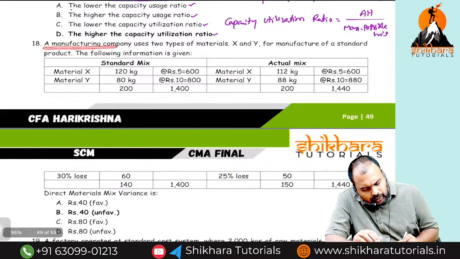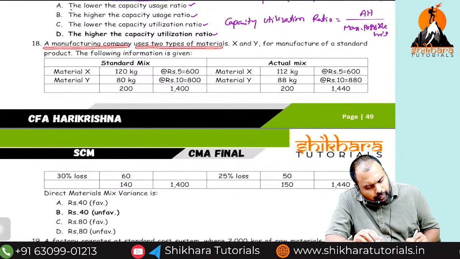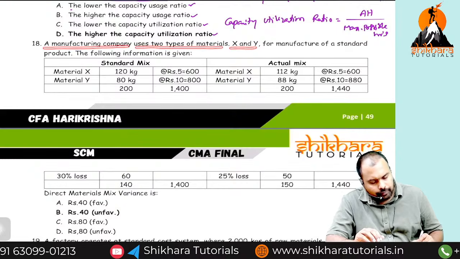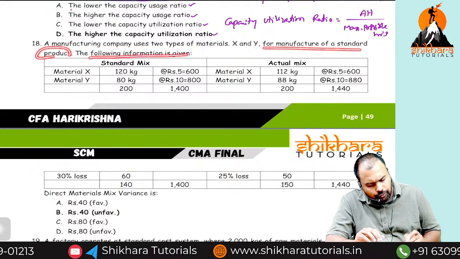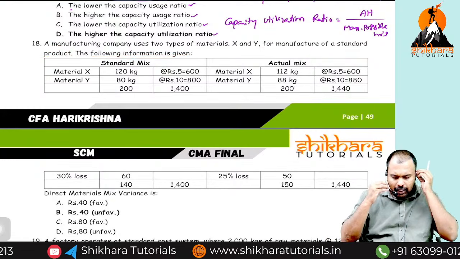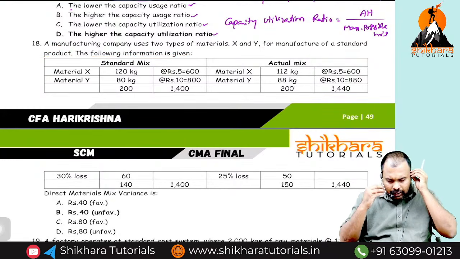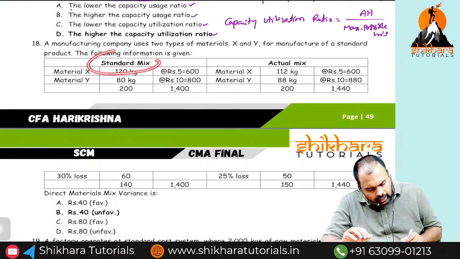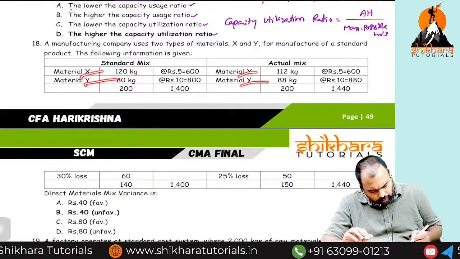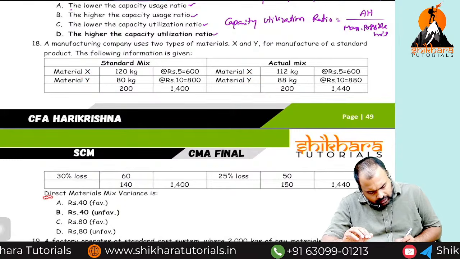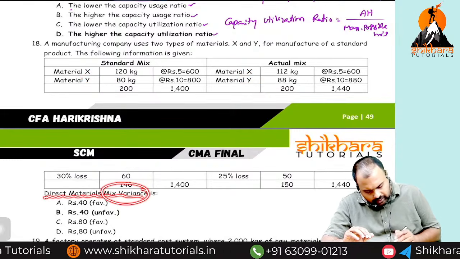A manufacturing company uses two types of materials, X and Y, for the manufacture of a standard product. The following information is given below. So to manufacture a standard product, they have given two materials, X and Y. Standard mix is given, actual mix is given. Now they're asking for the direct material mix variance, sir.